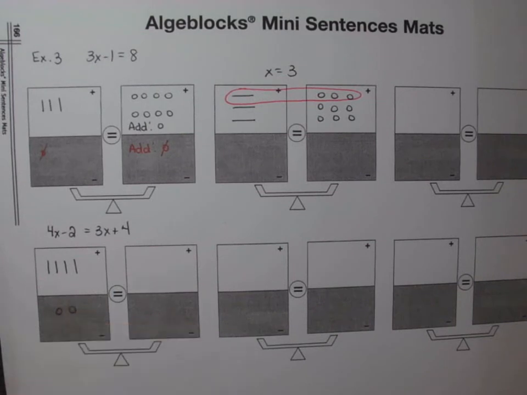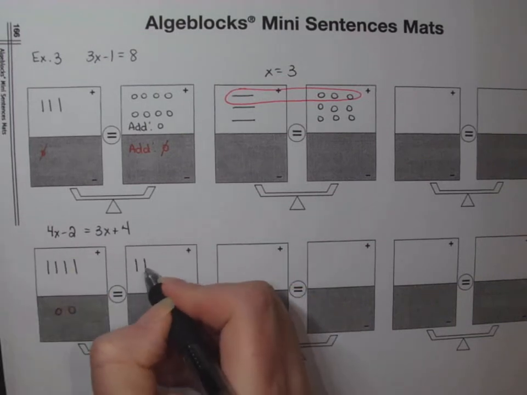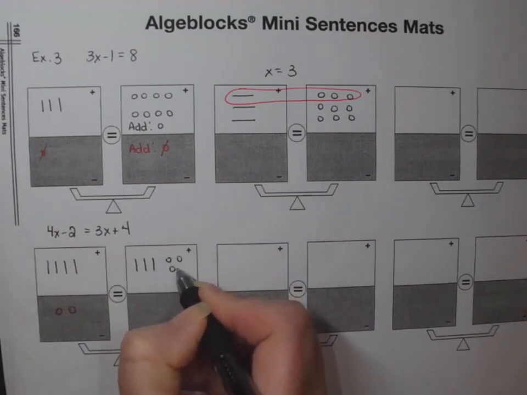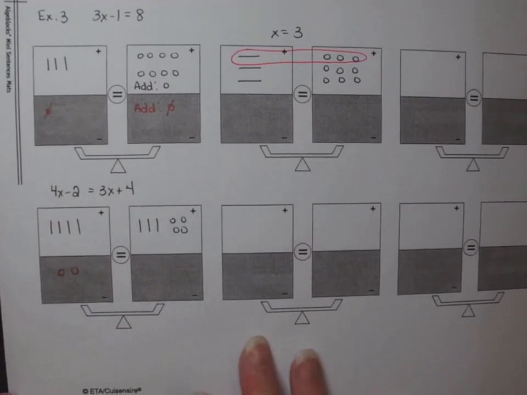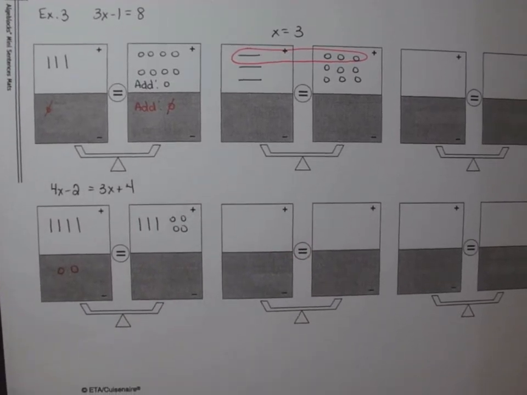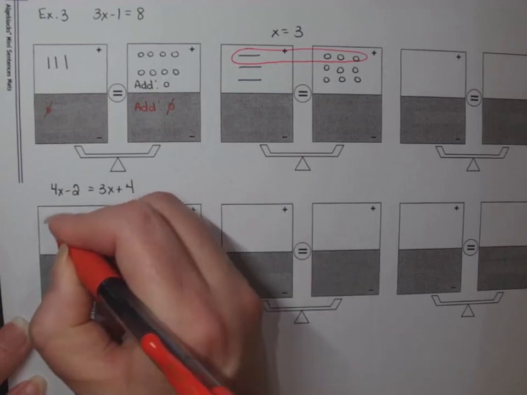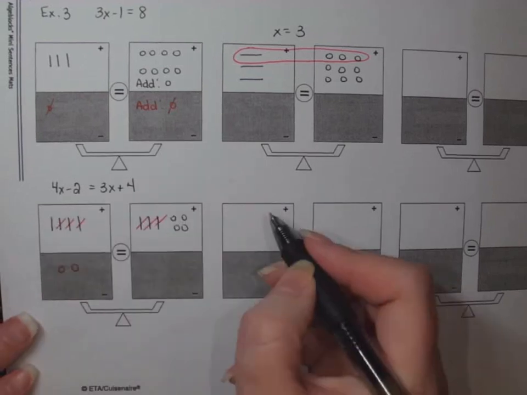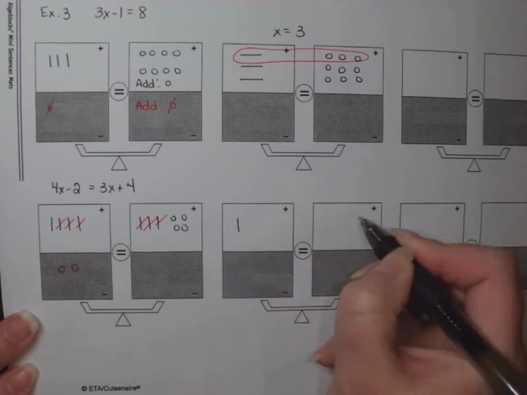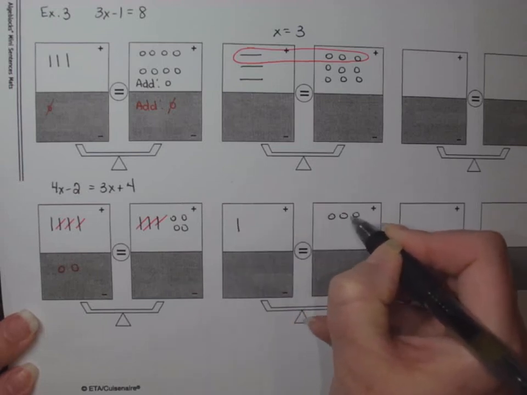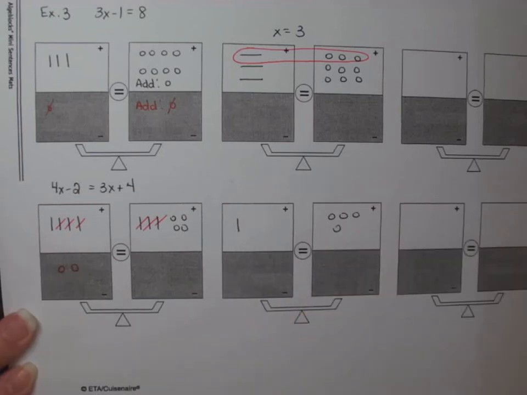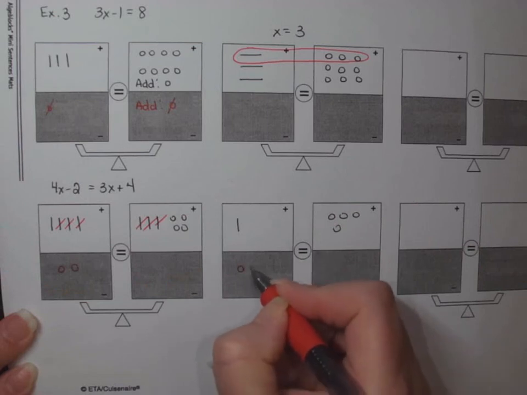So 4x minus 2 equals 3x plus 4. Okay, so the first thing we did is literally subtracted away 3 of these and 3 of these, right? So our next step looks like so. We had 4 of these over here. I don't know why I drew them like that, but it really doesn't matter. And then we still have 2 of these.